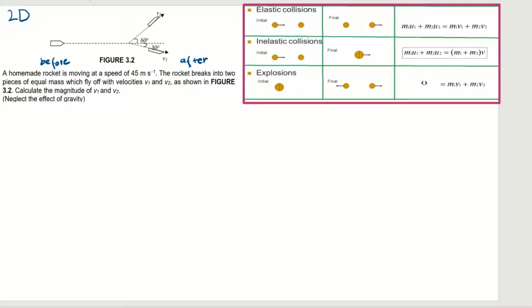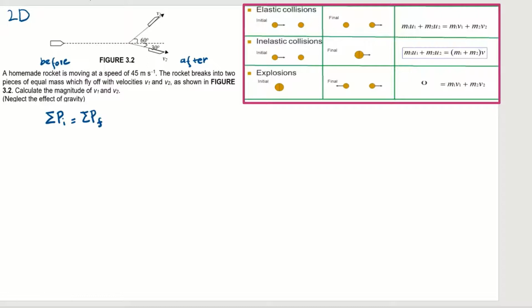So from the conservation of momentum, you can solve this question. Total initial momentum equals total final momentum.